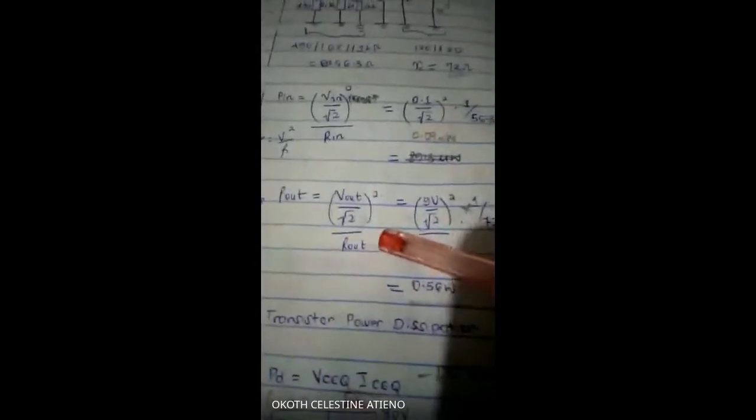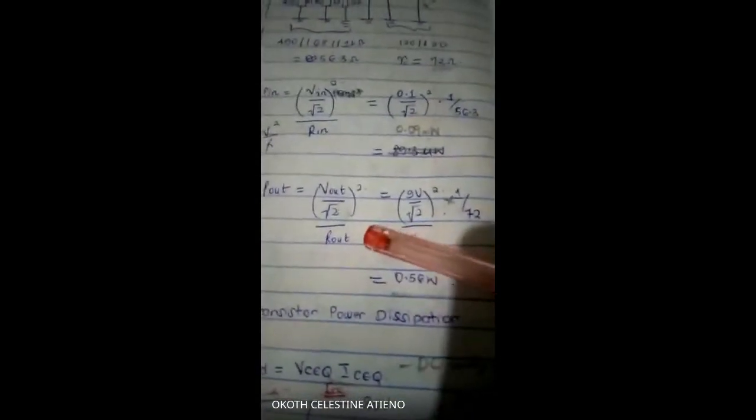Yeah. So tutakuwa na RC in parallel with RL. So ndio hii RC yangu na iko in parallel with RL. And the parallel combination of these things ndio nimetumia as my AC output. And that is what I used for my R out. So yeah, or my Z out, output impedance.